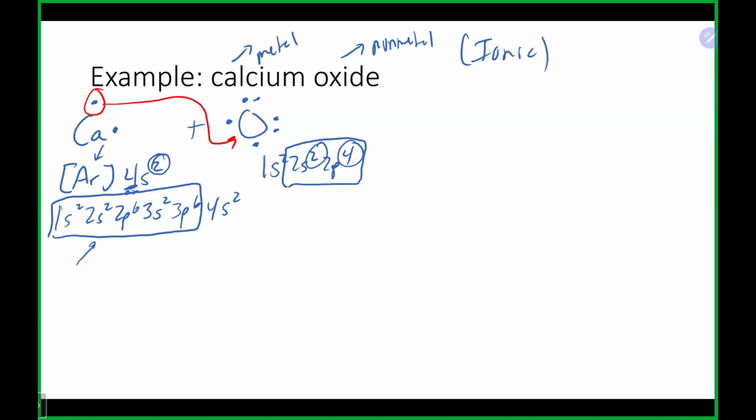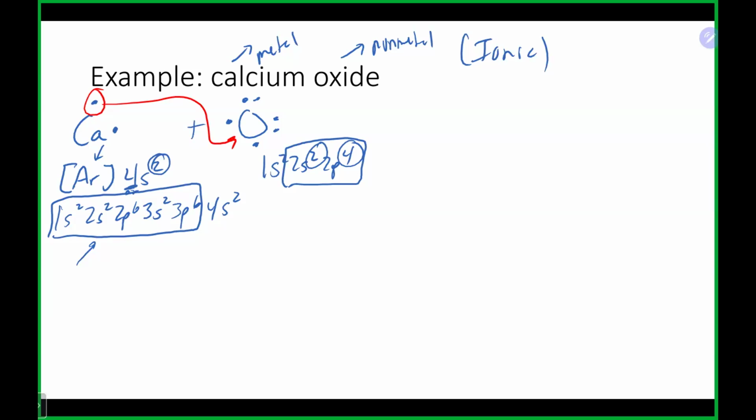If I do that, and you look at the periodic table, I basically lost 1 electron, which would move calcium just 1 spot back to the left, and that would end up at potassium. And potassium is not a noble gas, and that's not a very stable situation.